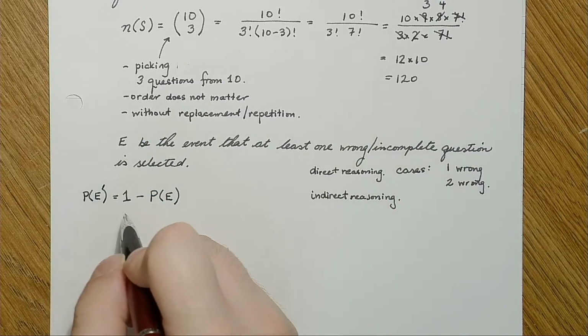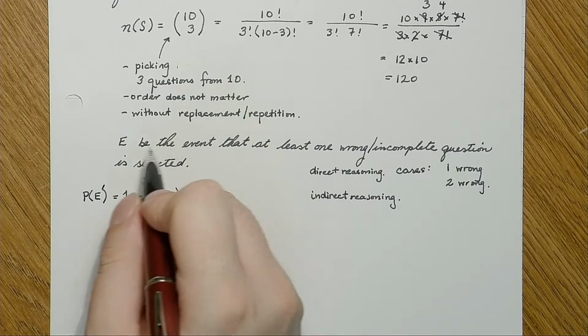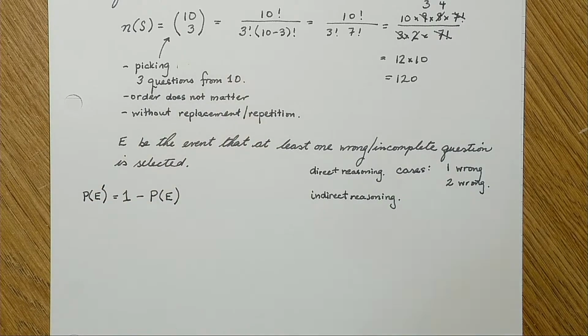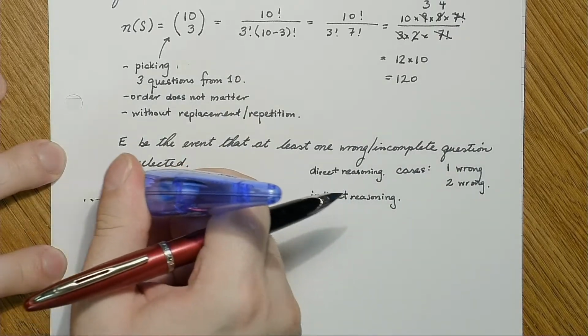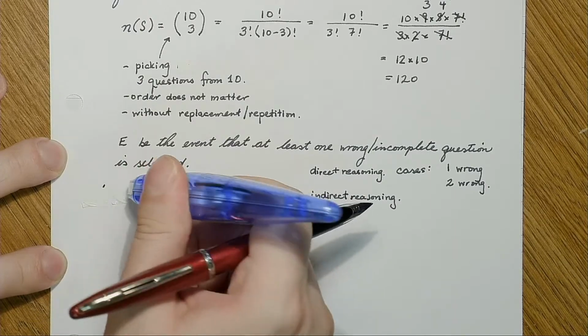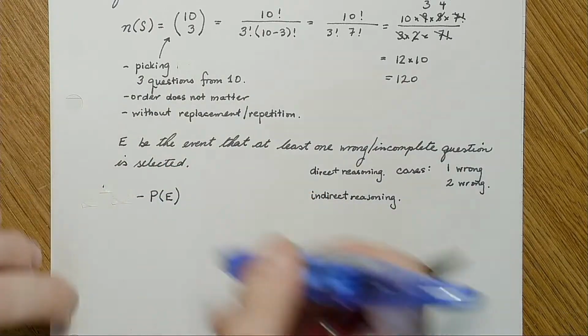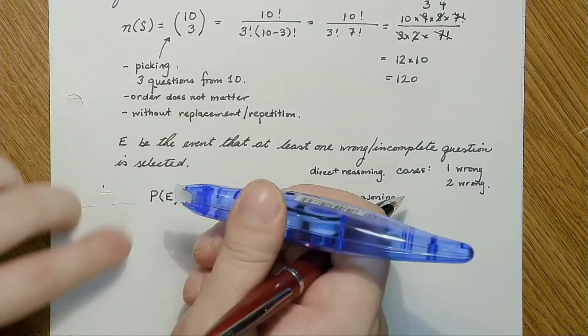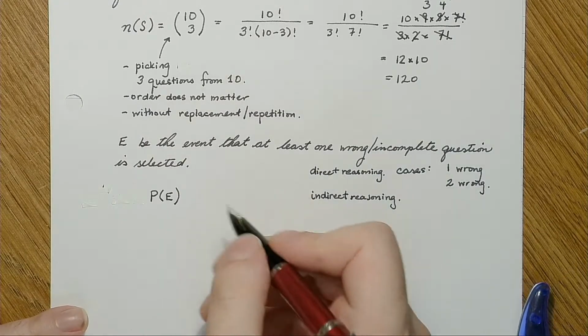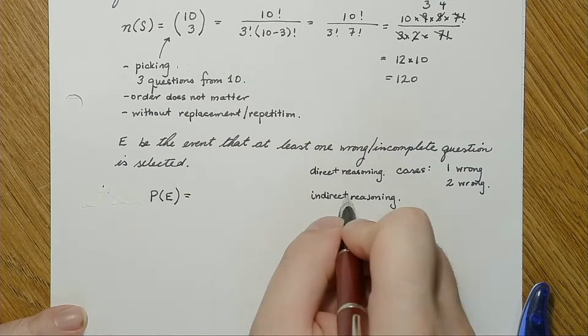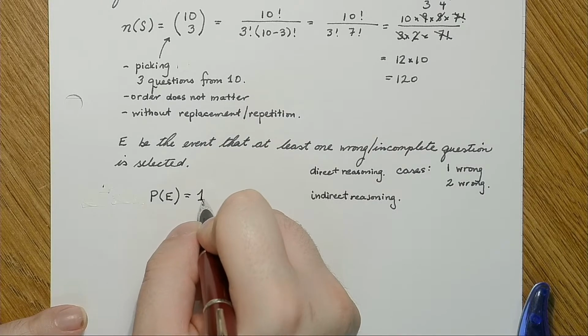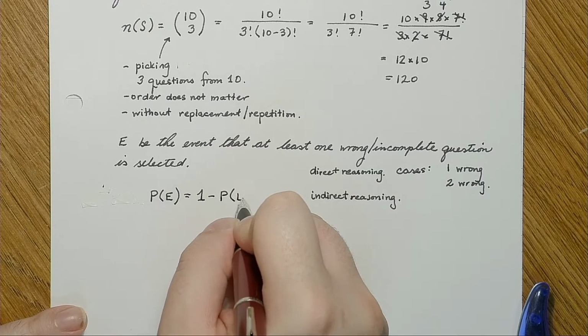So this is not what we want. What we actually want is the probability of this. So what we can do is instead calculate the complement, 1 minus the probability of E complement.